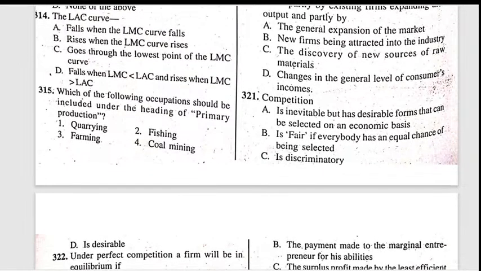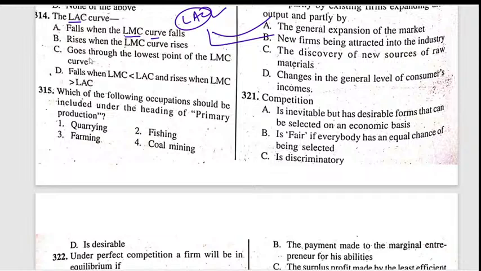Moving to question number 314, the LAC, long run average cost curve. The long run average cost curve falls when the long run marginal cost curve falls, and rises when it rises. When marginal cost is less than average cost, average cost will be falling.